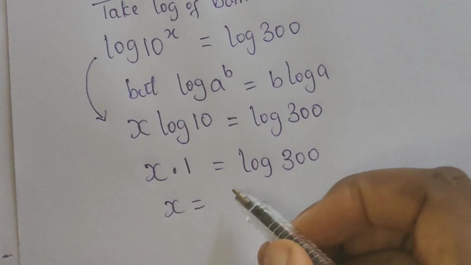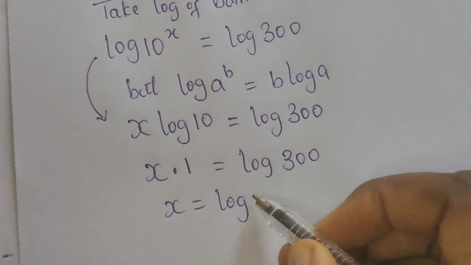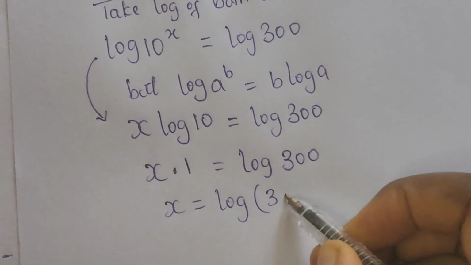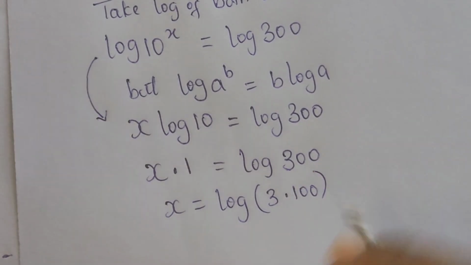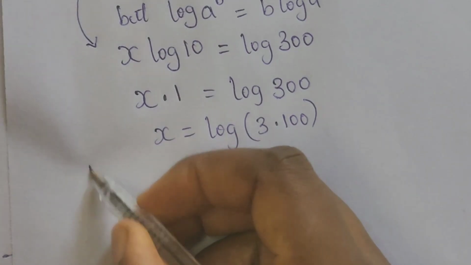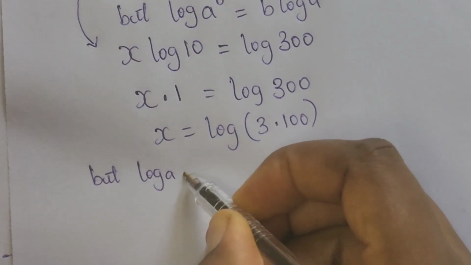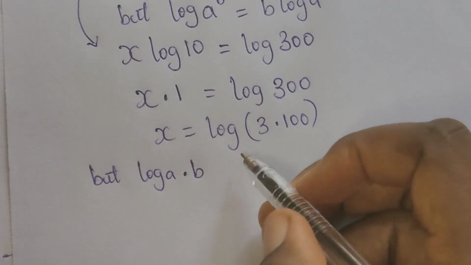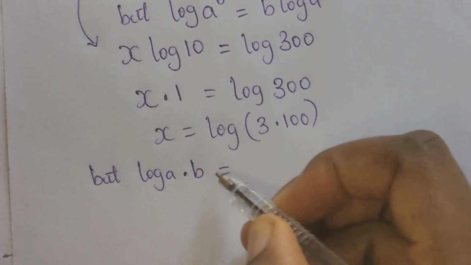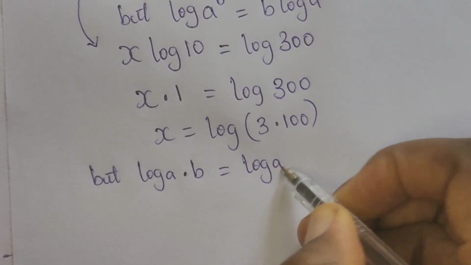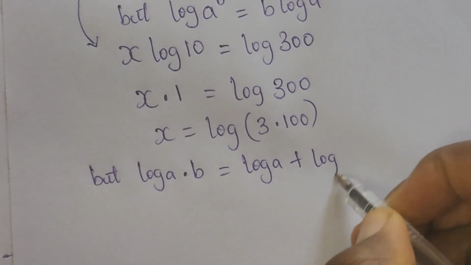X is equal to log of 300, which can be written as 3 times 100. But when we have log of a times b, this is the same as log of a plus log of b.